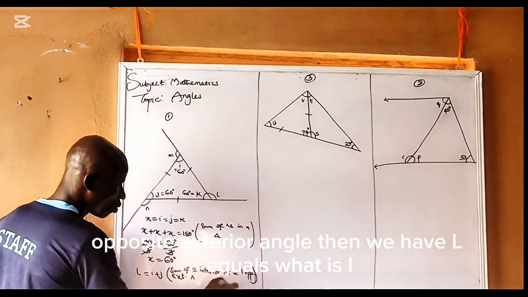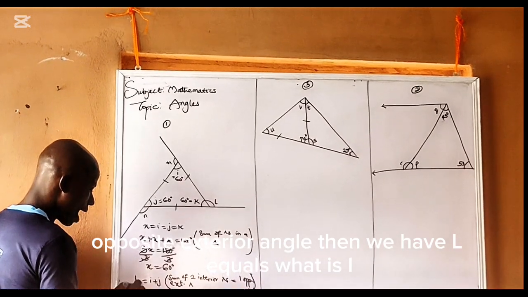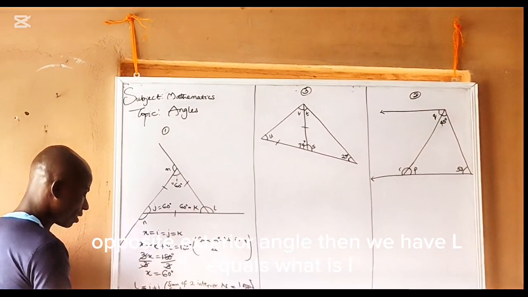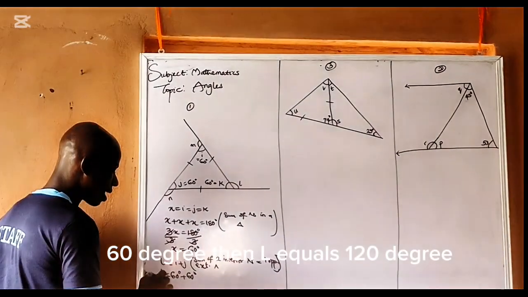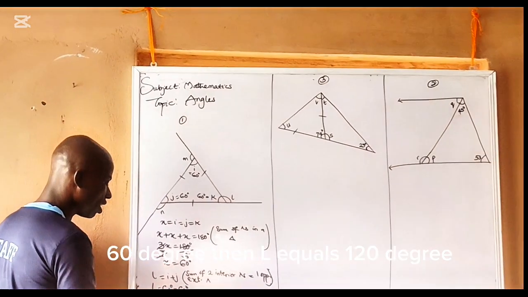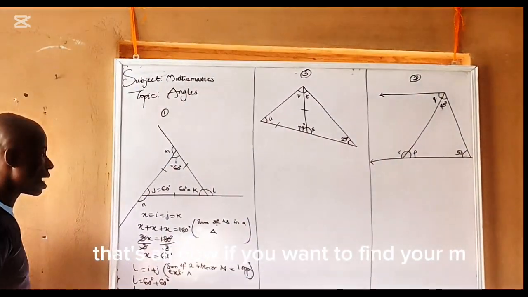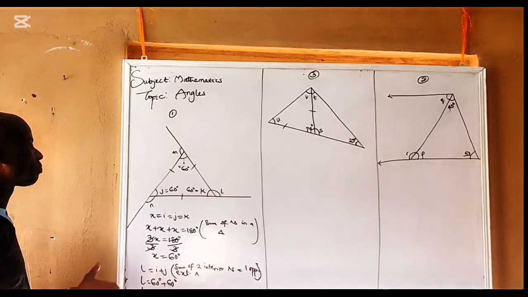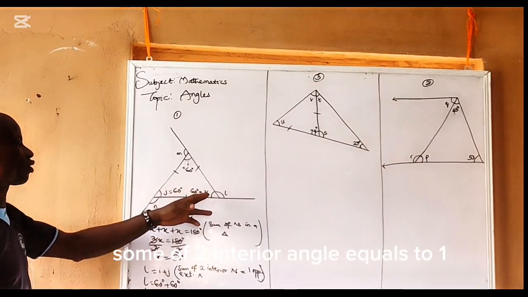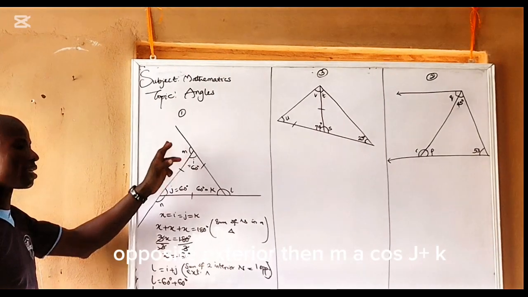Then we have L equals, what is I? 60 degrees. What is J? 60 degrees. Then L equals 120 degrees. That's all. Now, if you want to find your M, you can also say the sum of two interior angles equals the one opposite exterior angle.